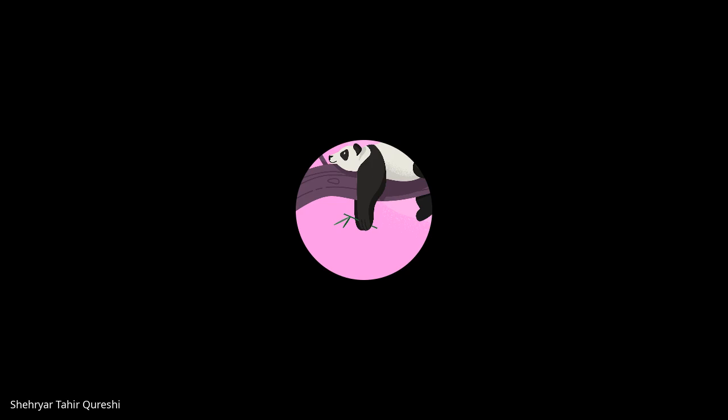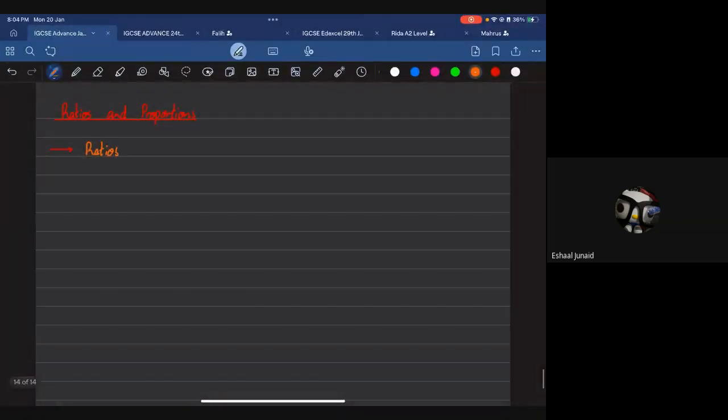Just a moment, the screen stopped sharing. So whenever I'm trying to express what ratios are, I will simply say that ratios are a comparison of two or more quantities.